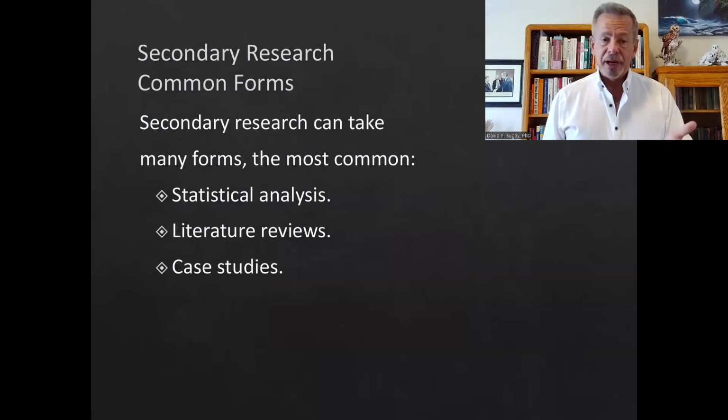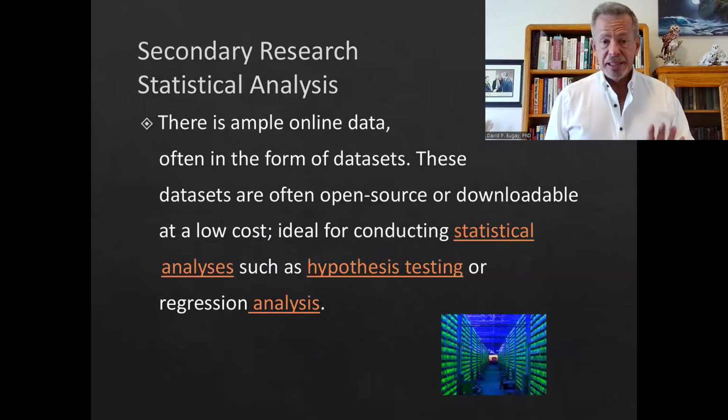Some of the most common areas are statistical analysis, literature reviews, and case studies. These three really take up the mass amount of things you're going to find on the internet. The analyses, the reviews, the case studies, they're easy. You can access them. It just depends how clever you are about where you go shopping for them. There's ample online data. A lot of times it's in data sets, and often they're open source or downloadable at a low cost.